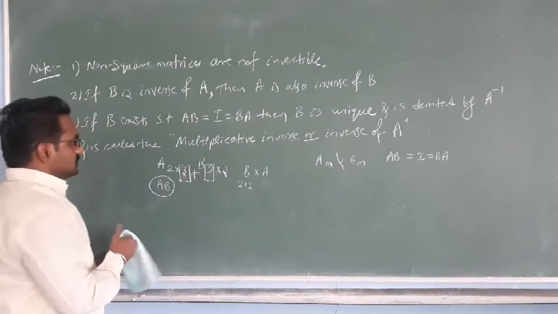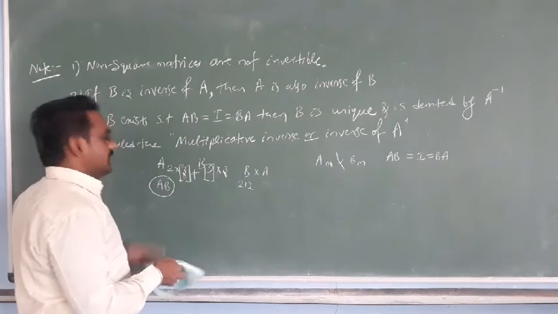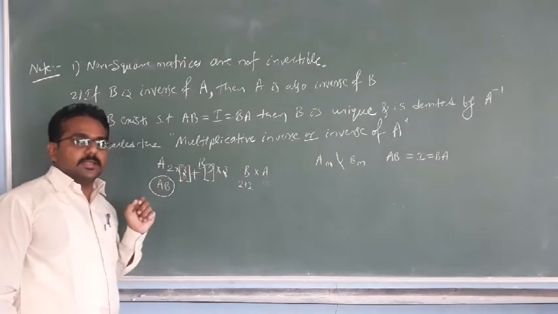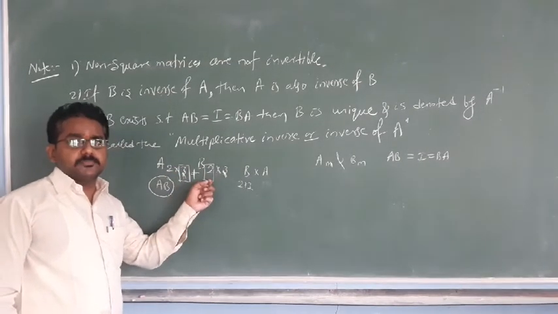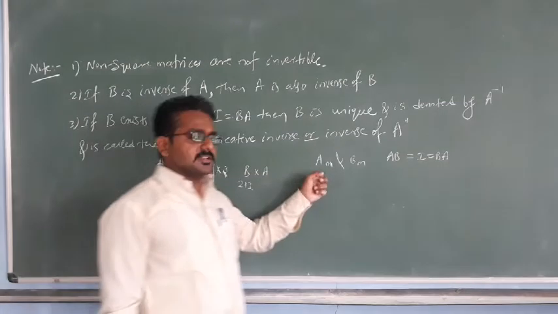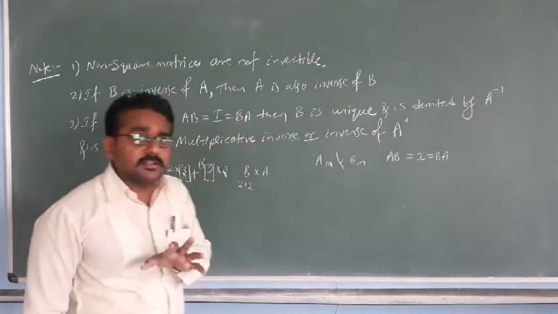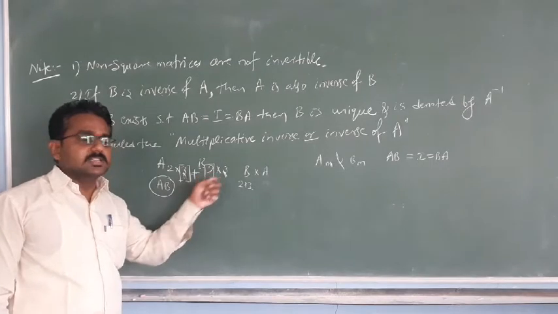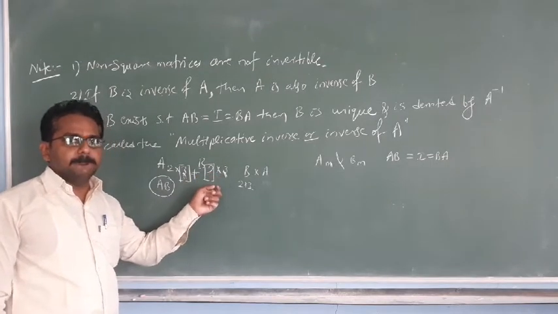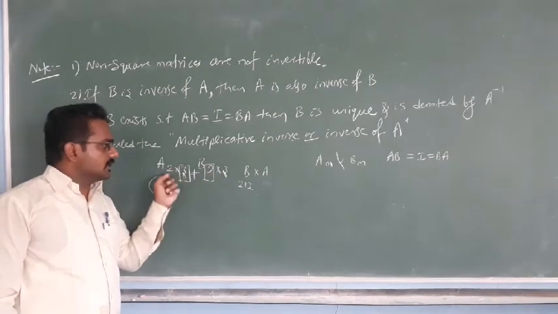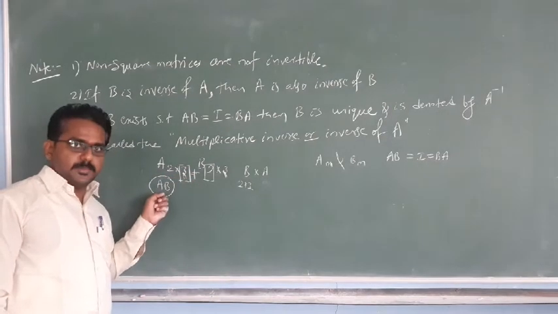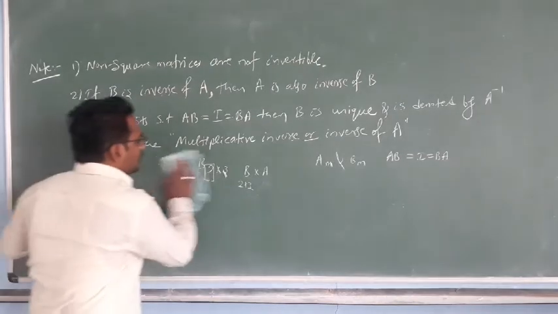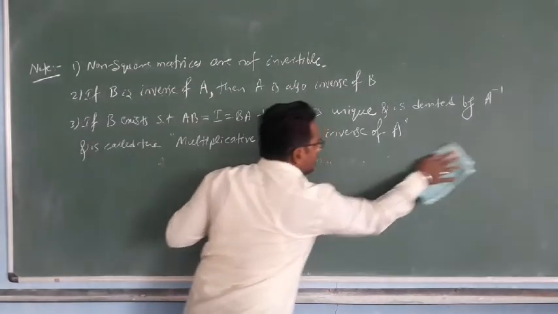So A is 2 by 3 and B is 2 by 3, the same order, just as A is of order M and B is of the same order. Even though the order is the same, we can't generate AB. For that reason, non-square matrices are not invertible.